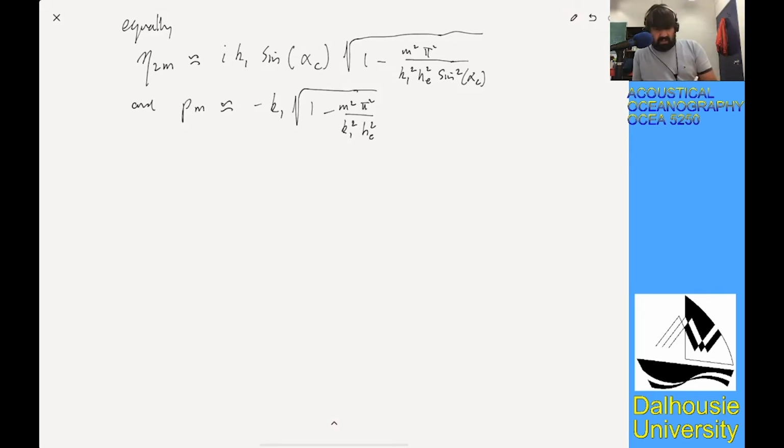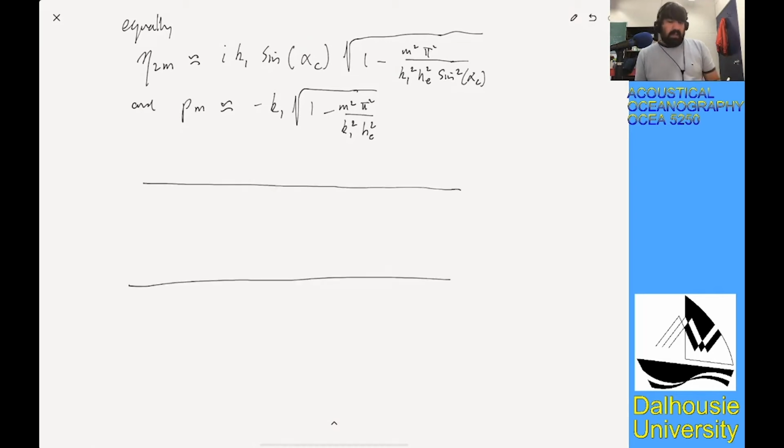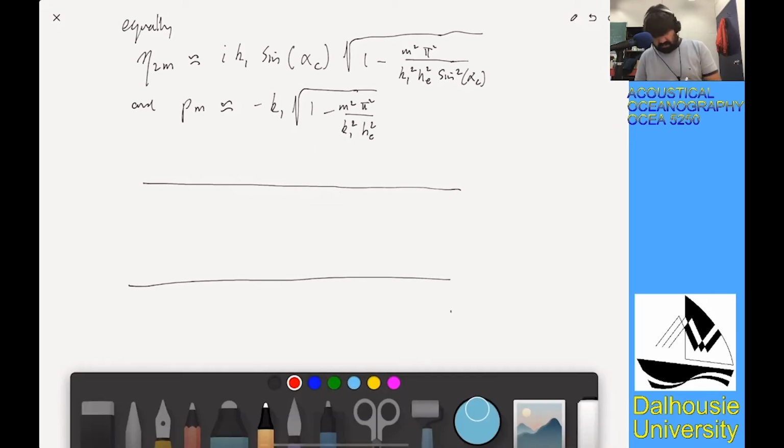Well, let's just do a sketch again. Here's our waveguide. I'm going to draw, poorly, this is going to be our effective depth.